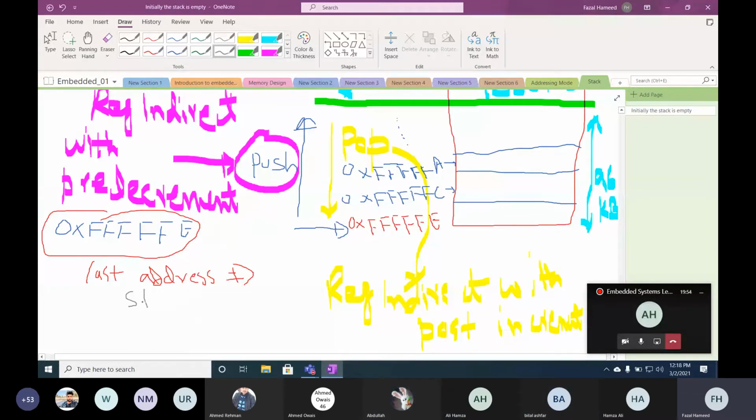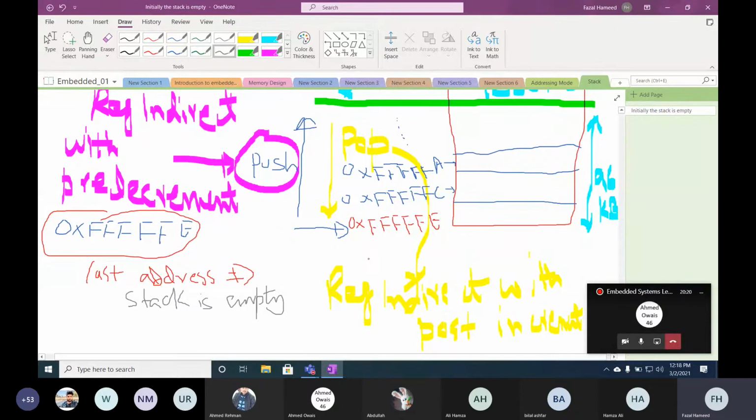Why is the stack empty in this case? Because it is pointing to the first address, it means the stack is empty.